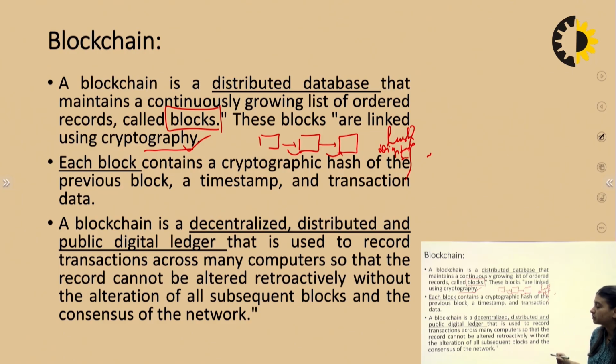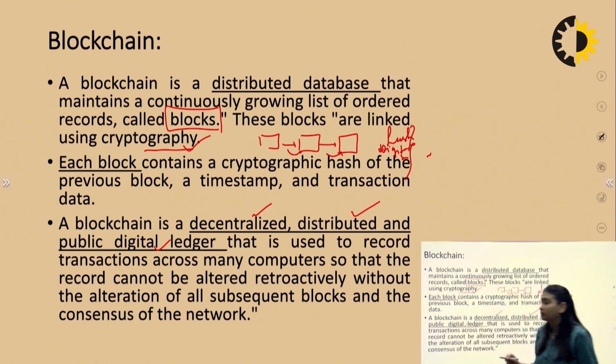The third point says a blockchain is a decentralized, distributed, public digital ledger. Obviously it is a ledger, a record, where we store the set of transactions, and we have many terminologies which help us decide who will write the next page of the ledger.